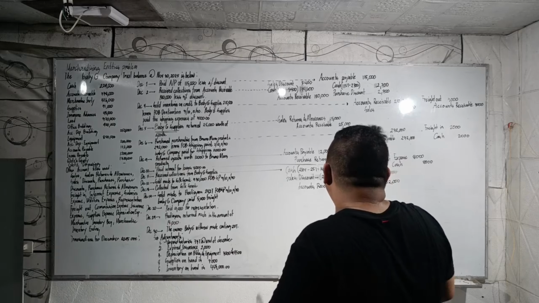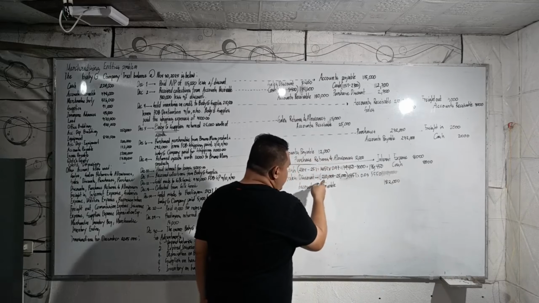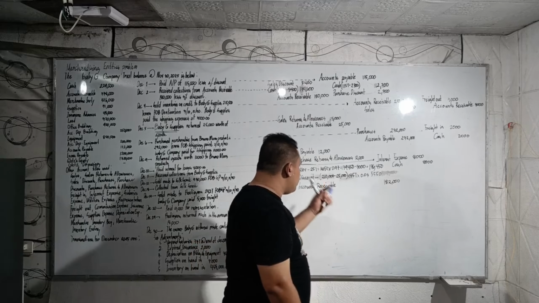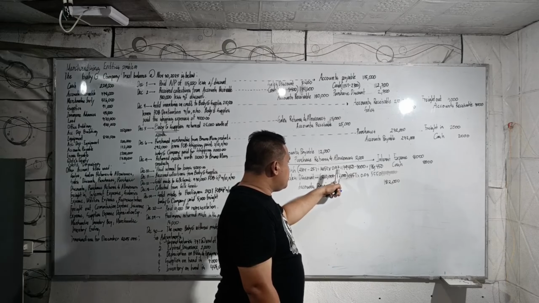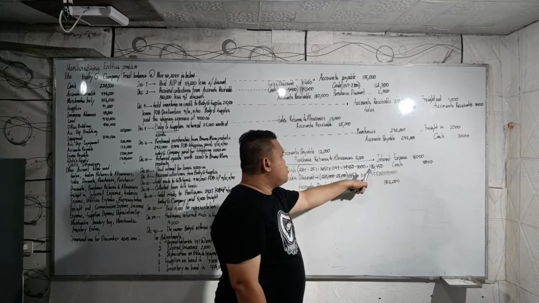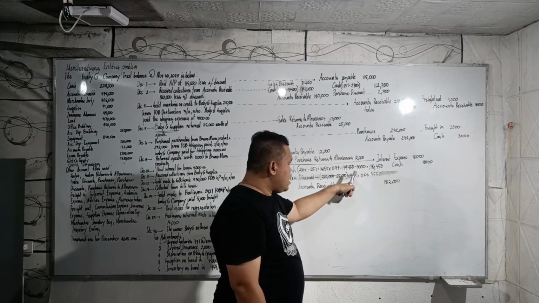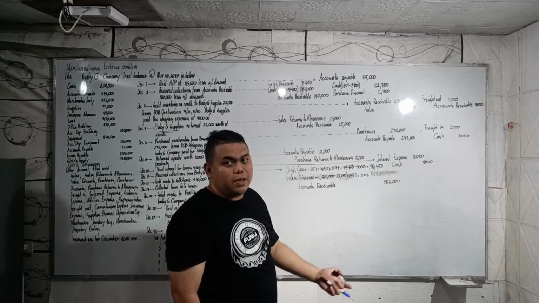Okay? How about the sales discount? The sales discount is again coming from 210,000, the original sales to BBG Supplies, minus the returns of 25,000, we have 185,000. They are entitled to get 3% discount on the 185,000. So we have 5,550.